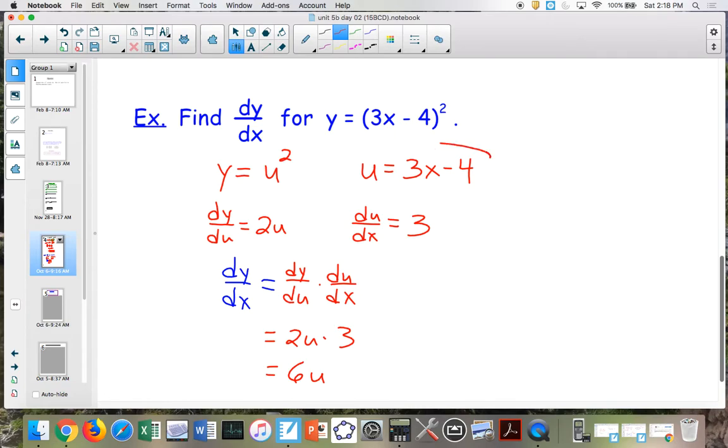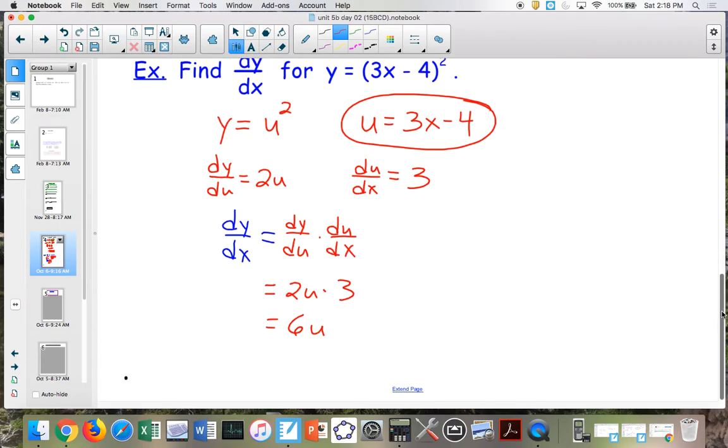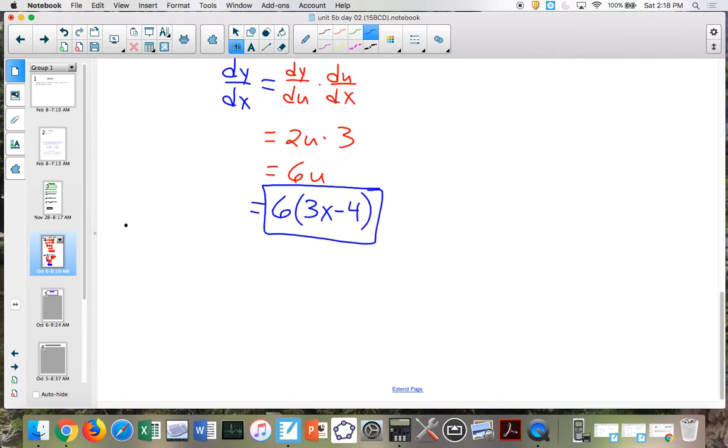But remember, u was just a temporary variable, so I'm going to replace it with 3x minus 4. And so I get my final answer for the derivative of this function is going to be 6 times the quantity 3x minus 4. Now if you want, you can distribute that. You don't have to. But either answer would be correct. And why do extra work, so let's just leave it like that.